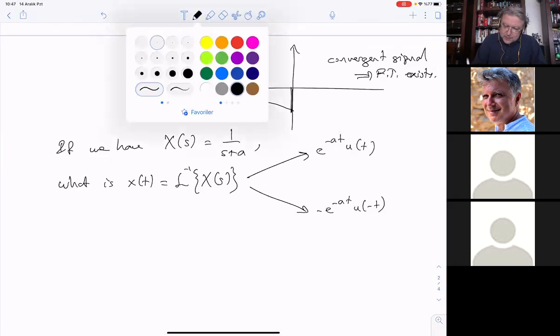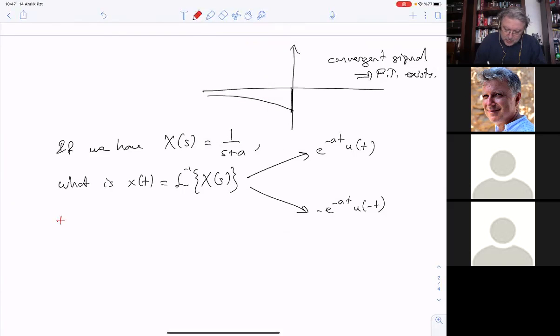So you need further information plus region of convergence. The region of convergence must be given to you. And there are two alternatives of the region of convergence. It's either real part of s is greater than minus a, or real part of s is less than minus a.